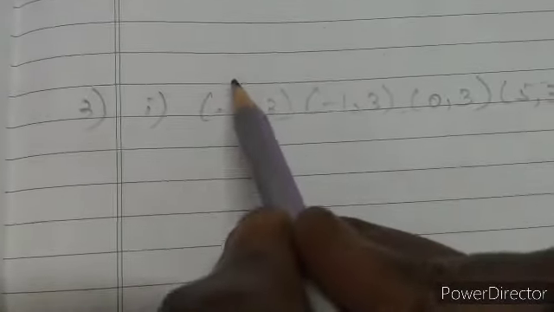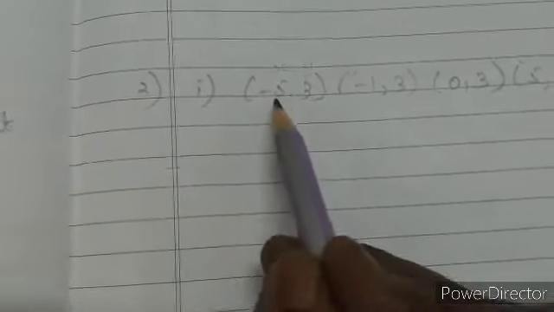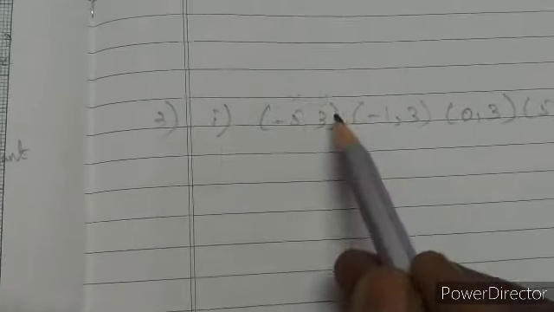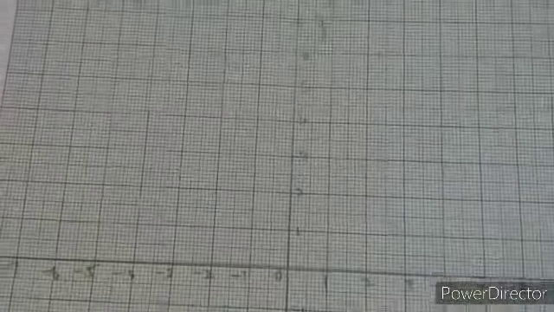First pair, minus 5 comma 3, x and y. X is minus 5, which will come under the x axis, and 3 will come under the y axis. So minus 5, this is the x dash, y dash, origin. Write the positive number, negative number, then we can go for the sum, minus 5 comma 3.